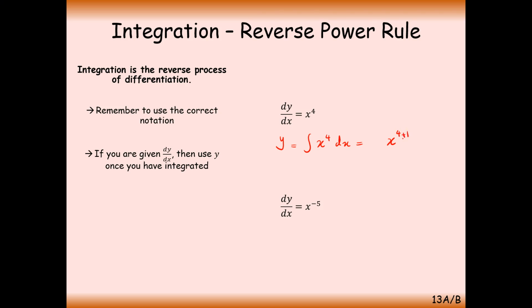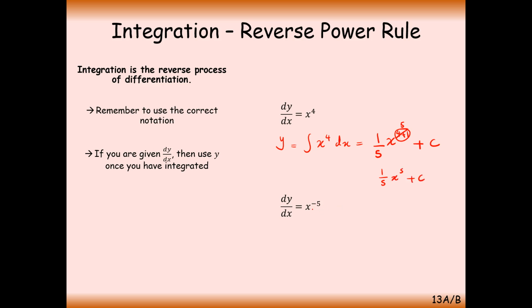The new power is 5, so we put 1 over 5 in front of that. We have to divide, it's the same as putting 5 in the denominator. And we put a plus c at the end. We actually write it to the power of 5 rather than 4 plus 1. So a better way of writing it is 1/5 x to the power of 5 plus c.